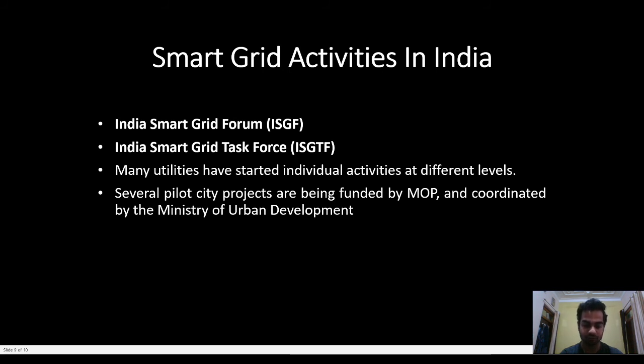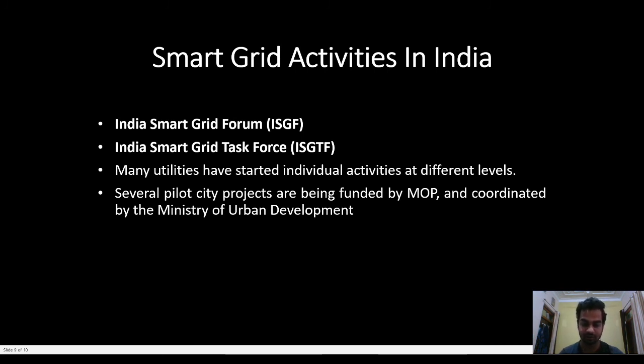It is a non-profit voluntary consortium of public and private stakeholders with the prime objective of accelerating development of smart grid technology in the Indian power sector. This is the first time the smart grid forum was launched to enhance the different technologies of smart grid and improve its qualities.